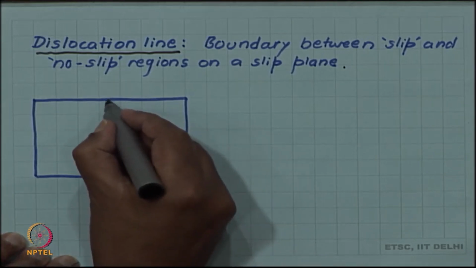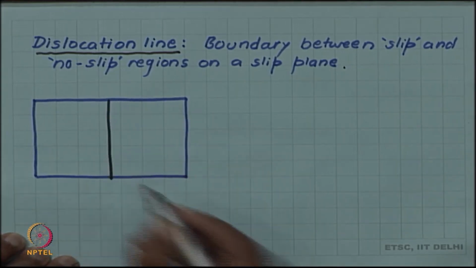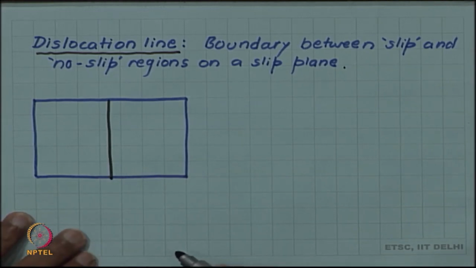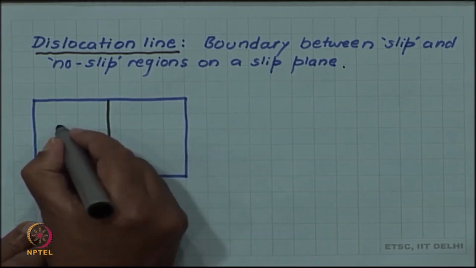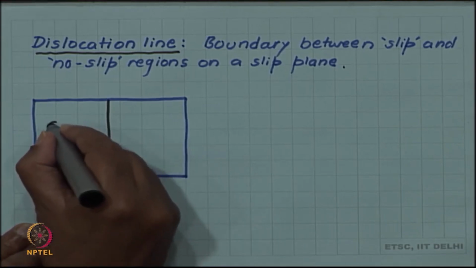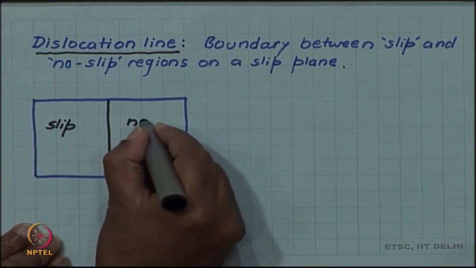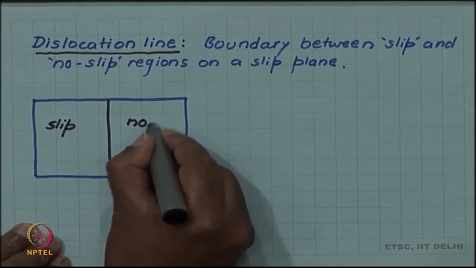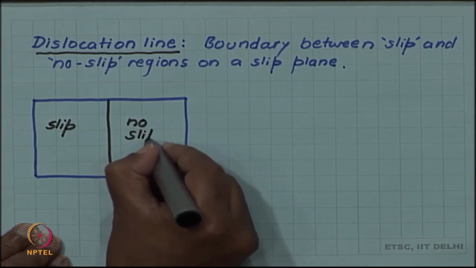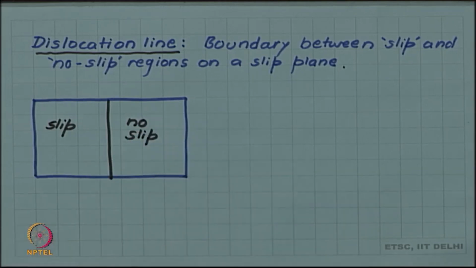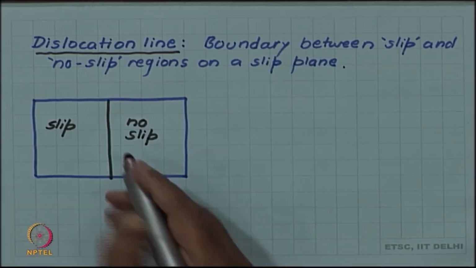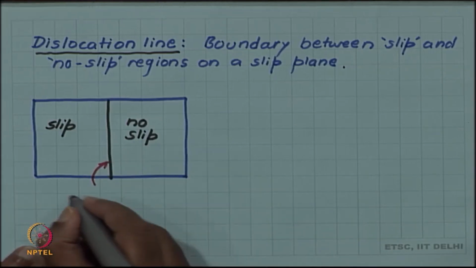So, let us say that there is a boundary, and if I want this boundary to be a dislocation line, all I have to do is to create a slip on one side of the crystal and leave the other side unslipped. So, in this case this will be a boundary and this will be a dislocation line.